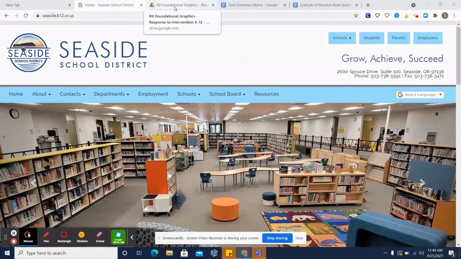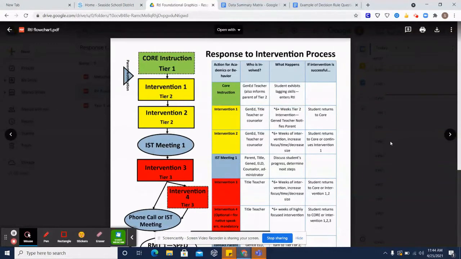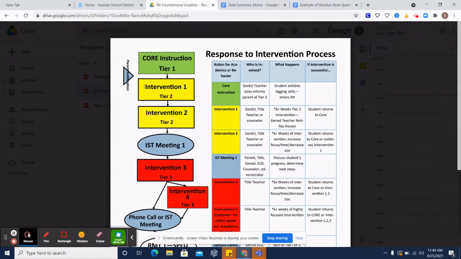So before I share that with you, I wanted to make sure that you knew what our RTI process looked like. It probably looks exactly like everybody else's, but just in case, we have the core instruction, and after a universal screening, we look at the lowest 20% of the students who are performing at the lowest 20% in reading, and provide interventions for them, whether that's a push-in intervention or a pull-out intervention.